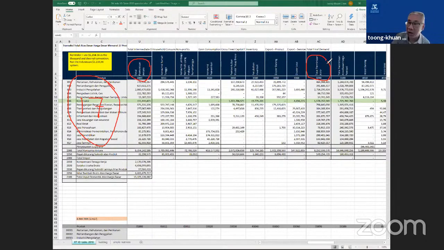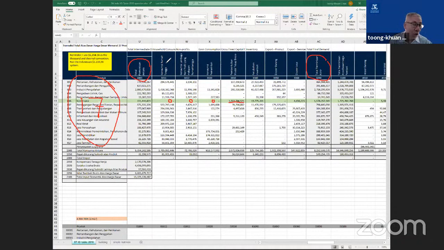That is final demand. And if you look at construction, your construction sector, which is shown here in green, is 0 here, 0 here, 0 here, but very high over here. Can you see that?